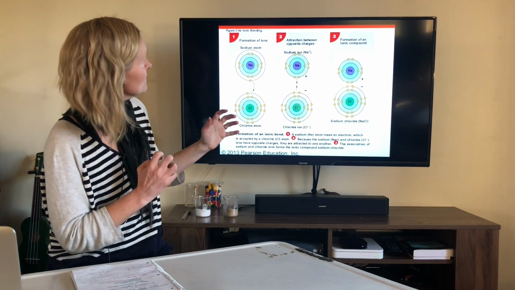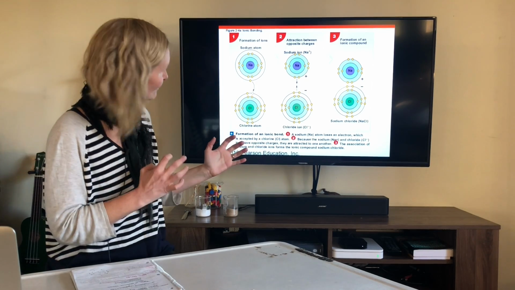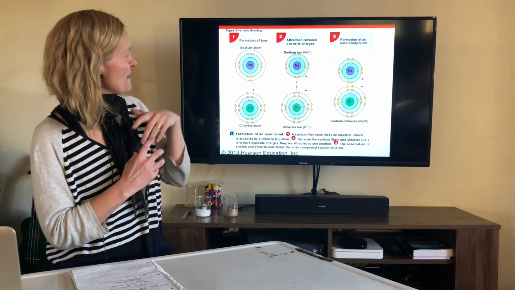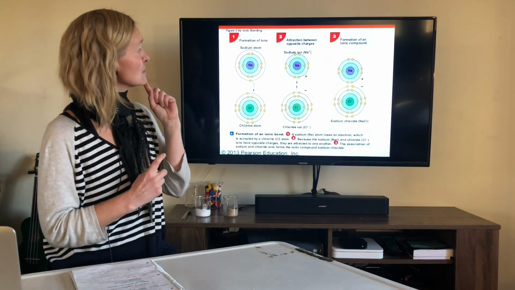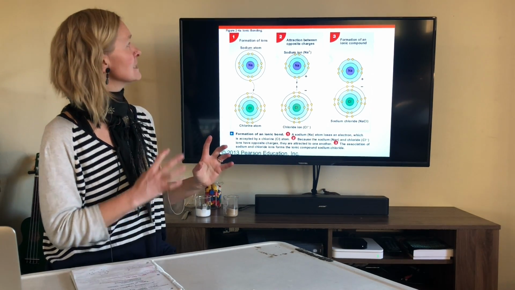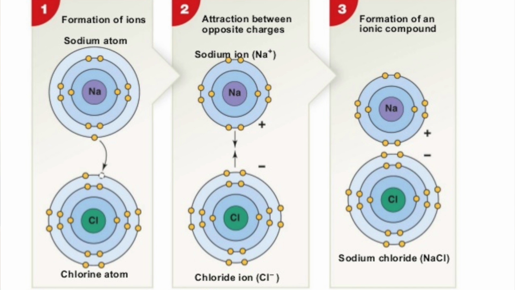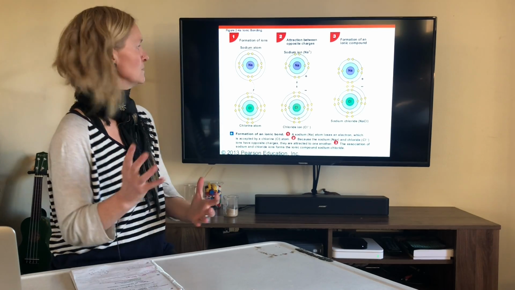And sodium, on the other hand, because it's a metal on the left-hand side of the periodic table, has only one electron in its outer shell, its valence shell. It really wants to get rid of that electron because it's making it unstable.